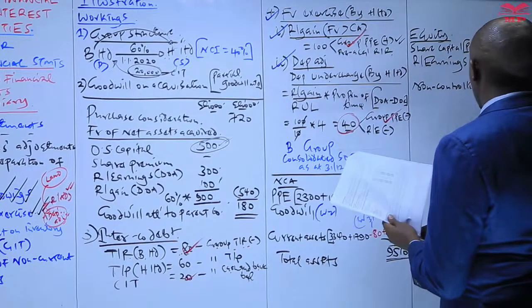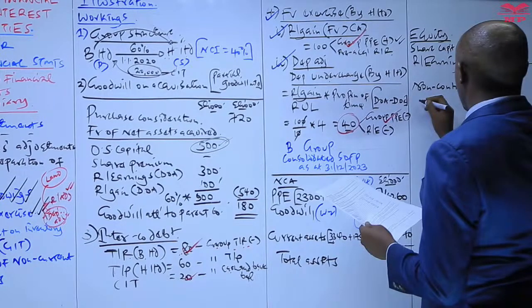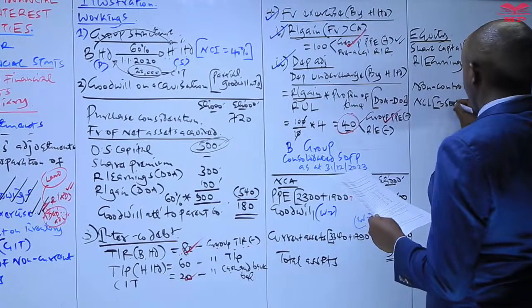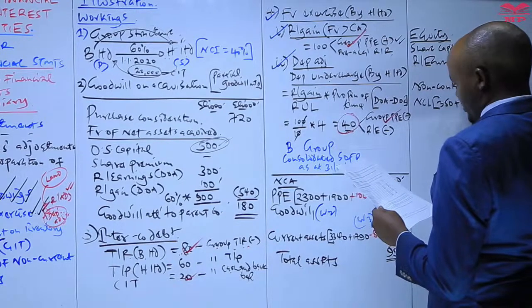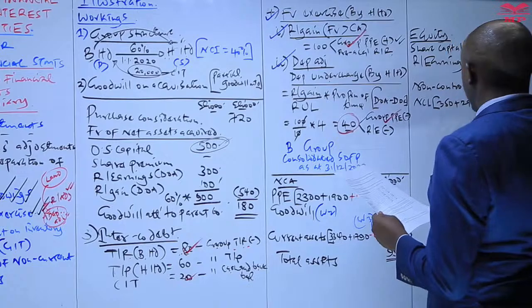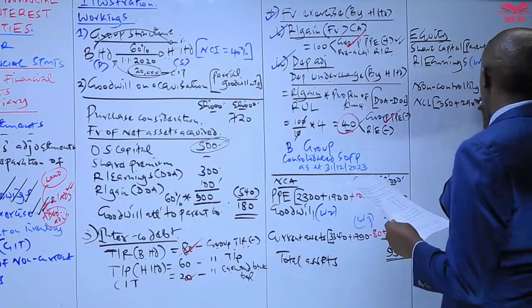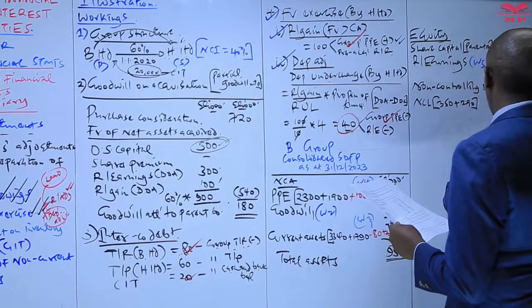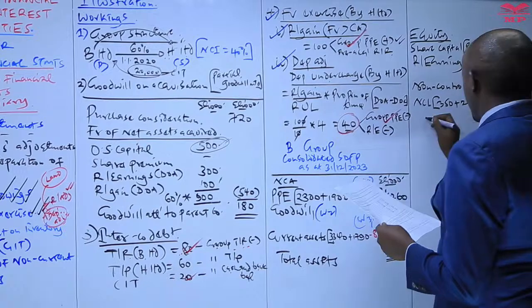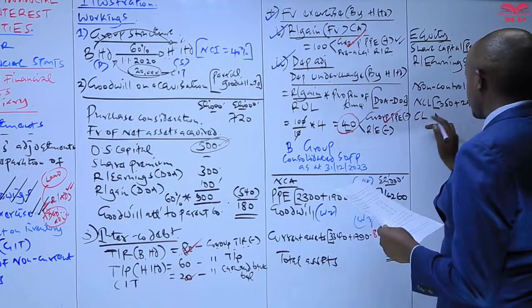And then from there we record liabilities. So for liabilities we start with the non-current. For non-current we add that of the parent 350 plus that of the subsidiary 290. No adjustment for that. That will give us a total of 640. And then current liabilities.